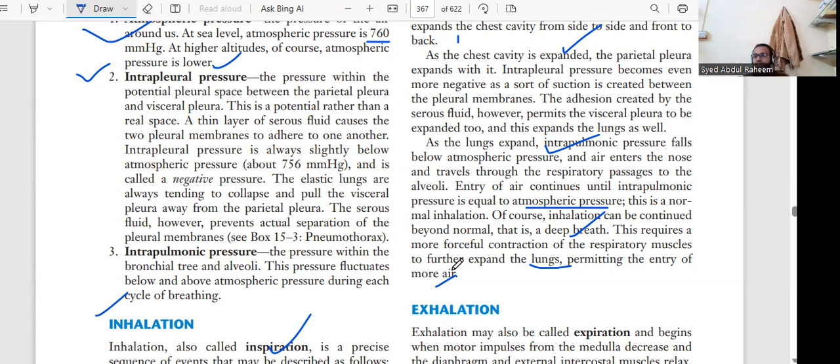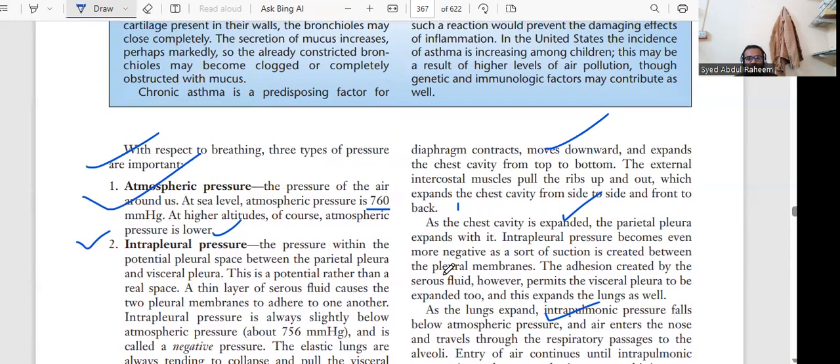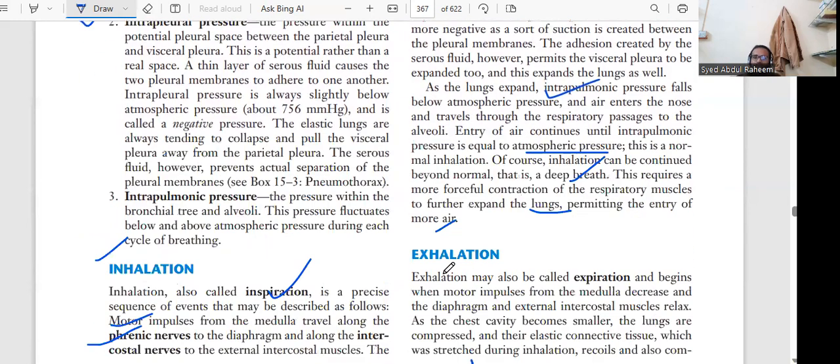Then we exhale. But in a deep breath, the lungs expand more than usual. So this is inhalation.